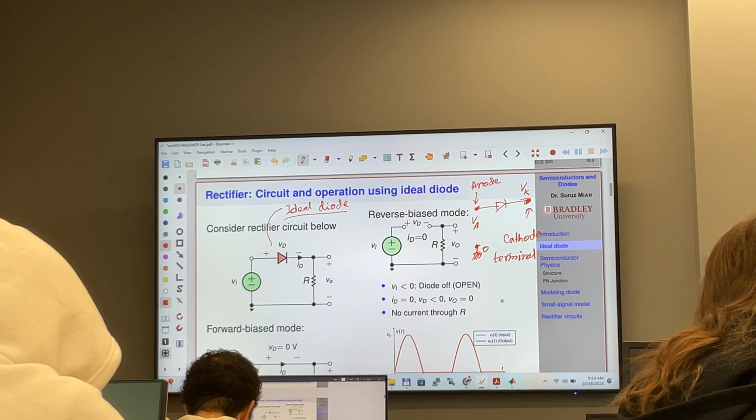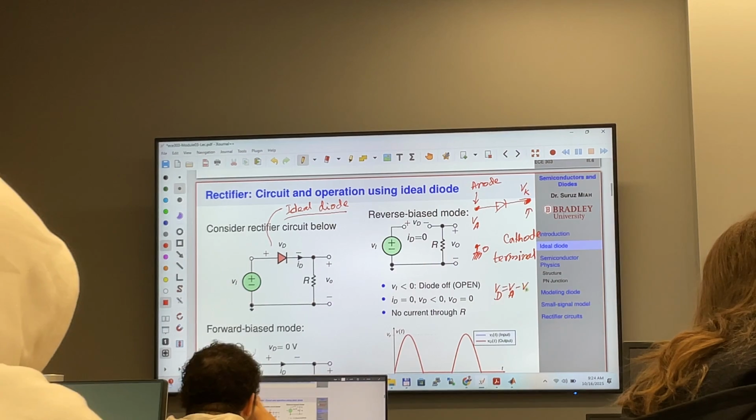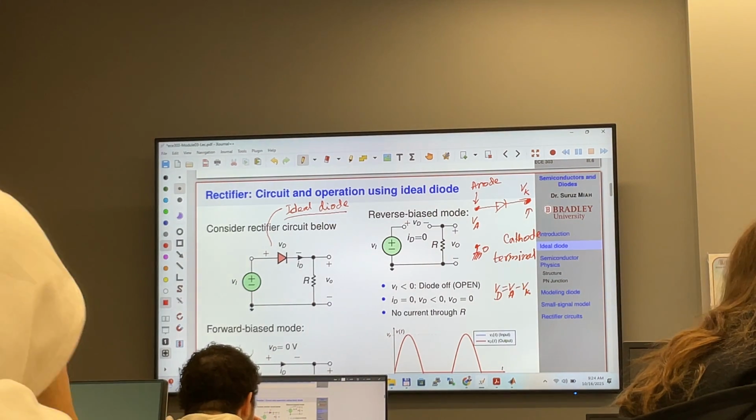Therefore V sub D is going to be V sub A minus V sub K. Very important.